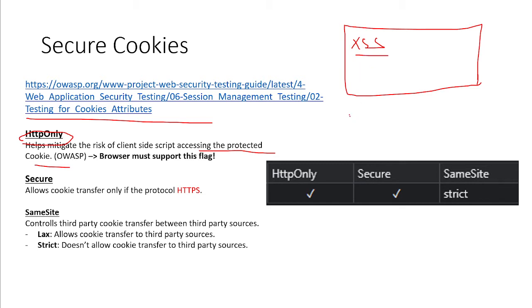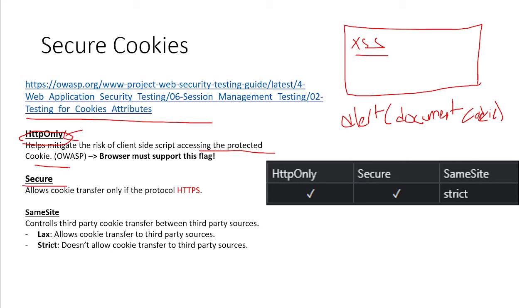How? alert(document.cookie). Sorry for my perfect writing skills. If you are using HTTP only for your cookie, they couldn't reach it even if your application is vulnerable to XSS. So this flag is very important.